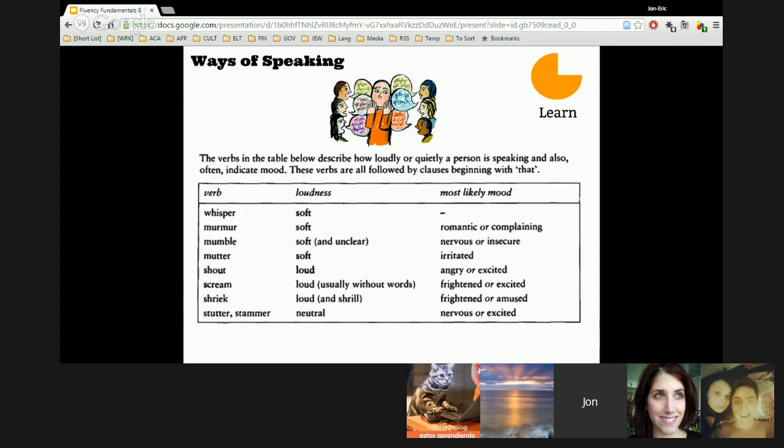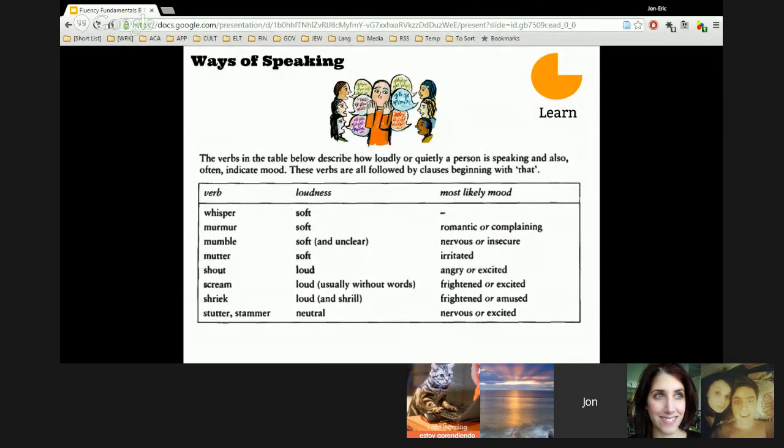He whispered that he was okay. So usually you put the that afterwards. The crowd murmured that they were afraid. So if you're going to use that to substitute the word say or tell, you've got a that, because there's a reason.